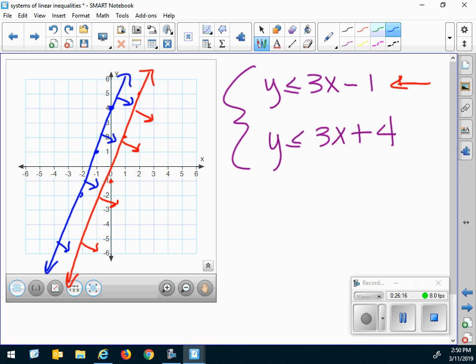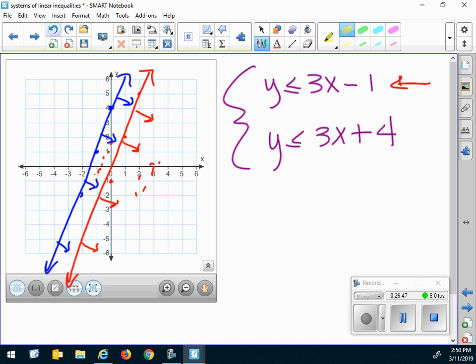What is shaded by both? Is the stuff in here shaded by both? No. Is the stuff over here shaded by both? Yes. So your answer would just be there, wouldn't it?